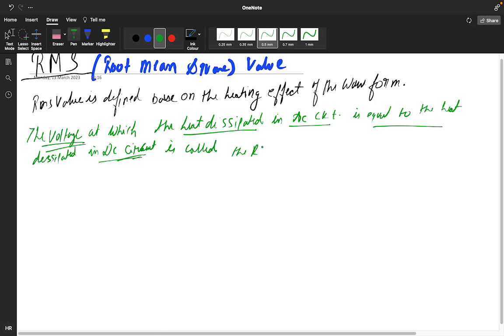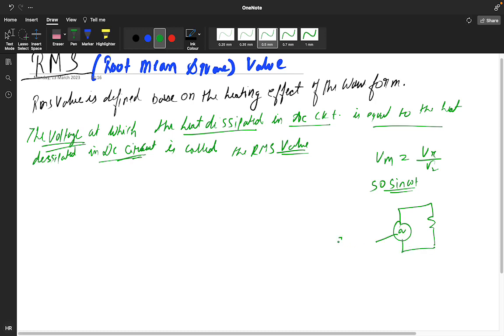So what I am telling, in a sinusoidal you are taking Vm by root 2. Suppose you have connected a resistor with an AC circuit and the value is 50 sine omega t.